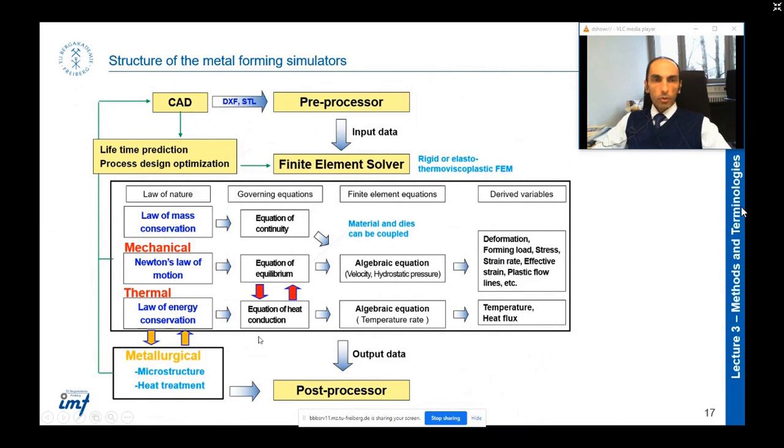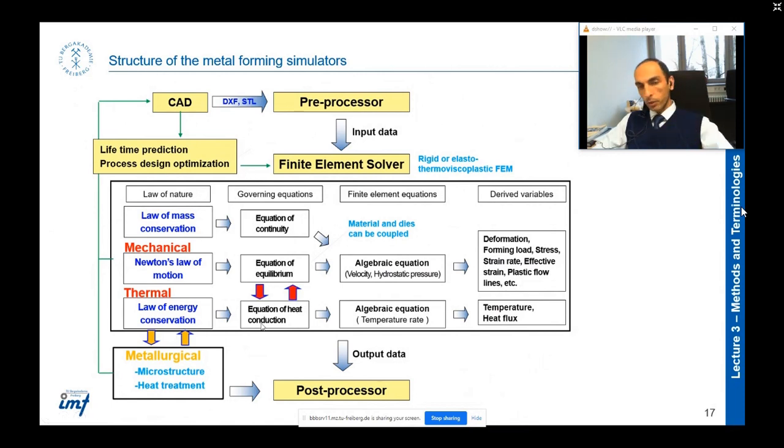So it comes to some governing equations. For example, the law of mass conservation is stated in the form of the equation of continuity, then the equation of equilibrium, and the equation of heat conduction.